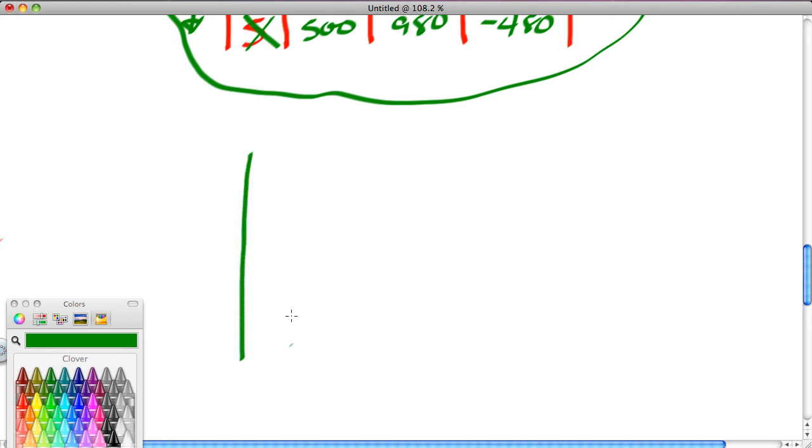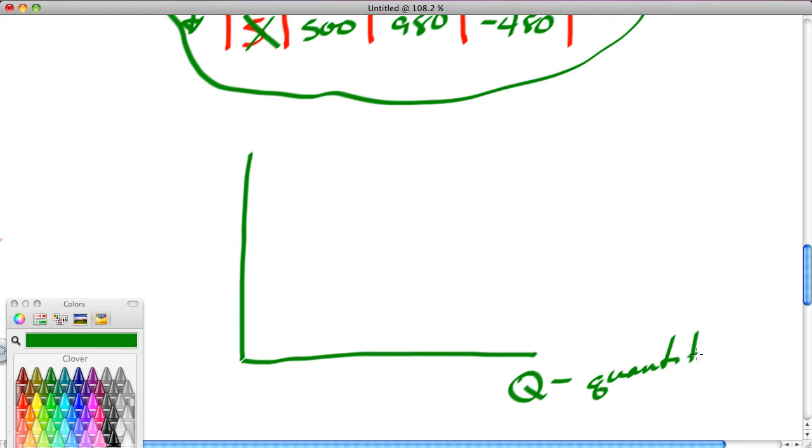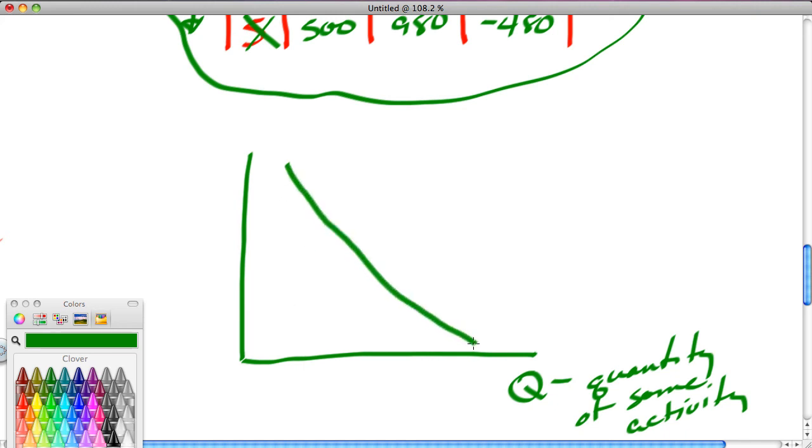We'll just quickly sketch this, that this is Q, this is the quantity or the volume of some activity. Buying coffee, cleaning up the river. And this is some measure of it, it could be dollars, it could be whatever. It could be utility. But what we see is the benefit declines and the cost increases.